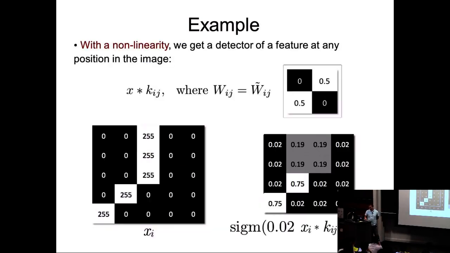So let me go here. This is your image, right? And you apply a 2x2 filter. Let's say this 2x2 filter is detecting a checkerboard pattern, right? If you look at the output, it has this number, which is quite large. It basically means that when you apply the filter over here, it found this checkerboard position because there's 255, 255, 0, 0. So it has a high response here, but it's low everywhere else.